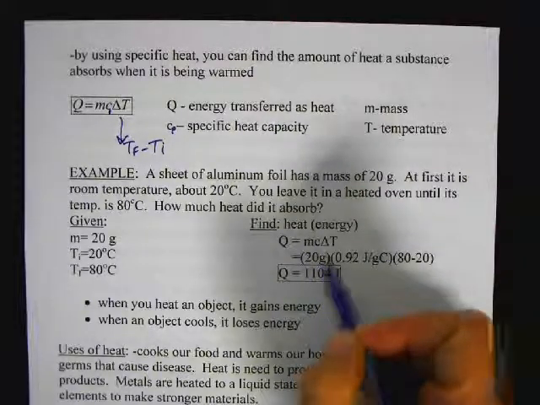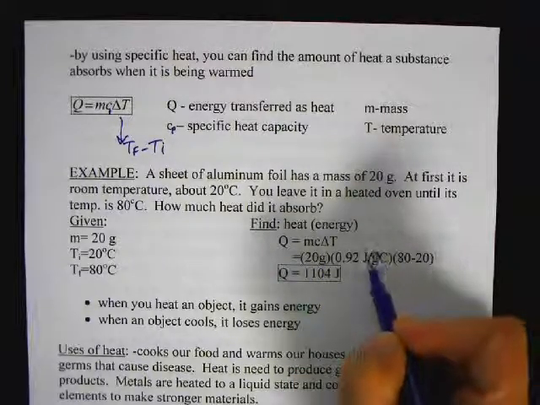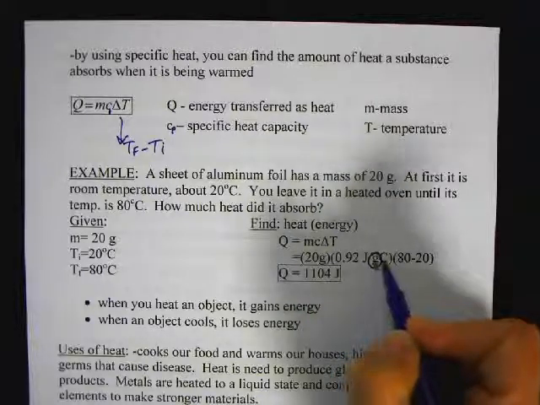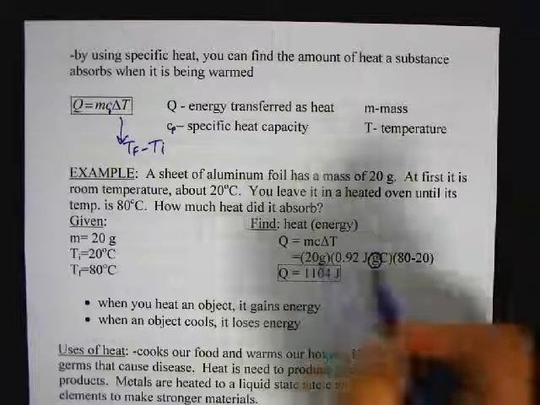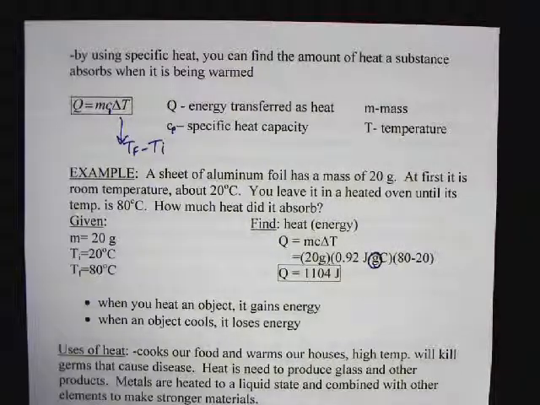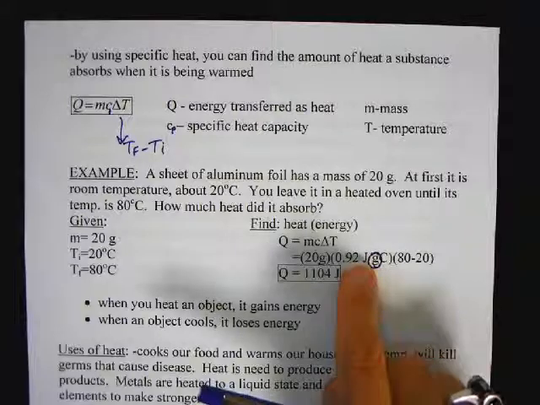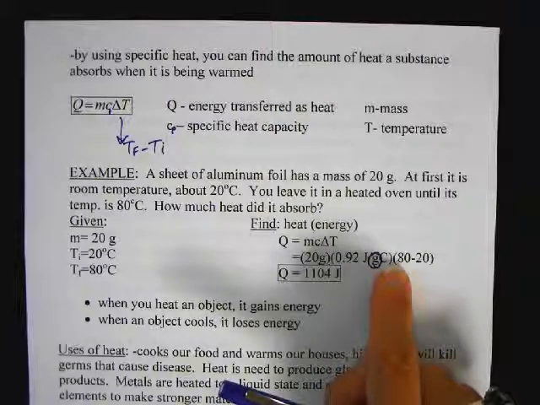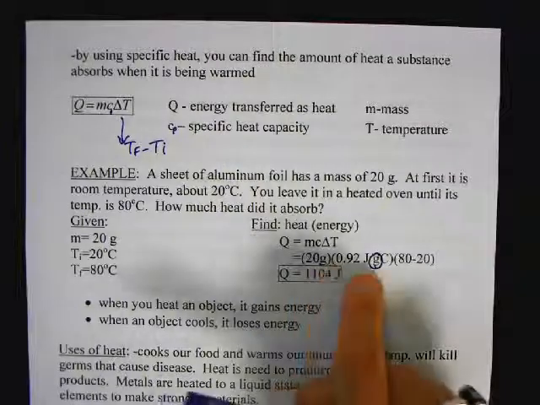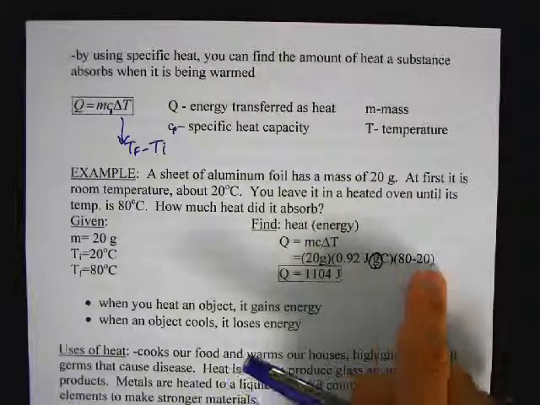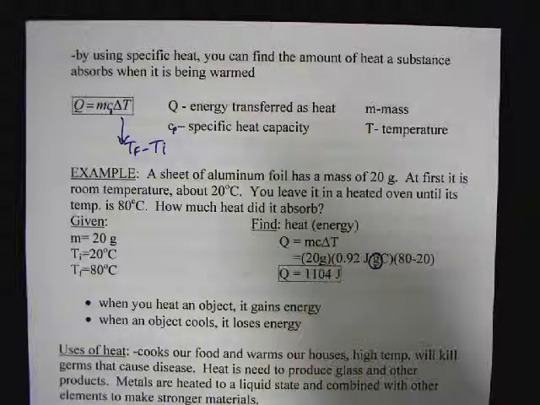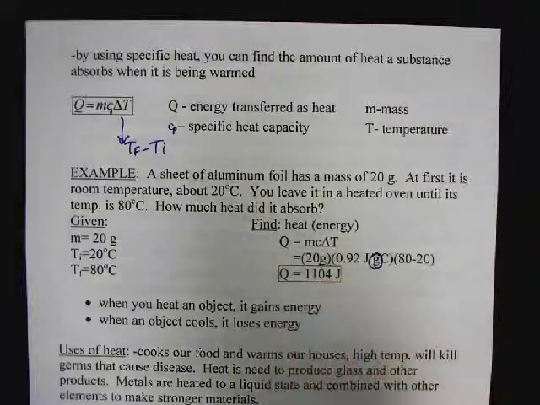Now, I don't have to convert this to grams because the specific heat is joules per gram degree Celsius. So if these are the same, it's okay because they'll cancel. All right? If my heat capacity is not in joules per gram Celsius, if the units are different, I have to match it up to the mass. And then my final minus my initial temperature. And that's it. So that's the heat.